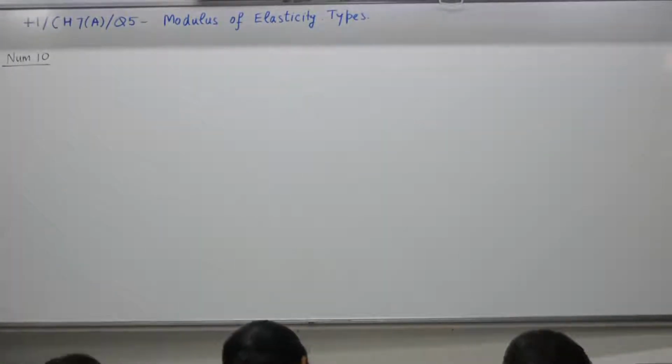A metallic cube whose each side is 10 centimeter is subjected to a shearing force of 100 kilogram force. The top face is displaced through 0.25 centimeter with respect to the bottom. Calculate the shearing stress, part 1, strain, part 2, and shear modulus.